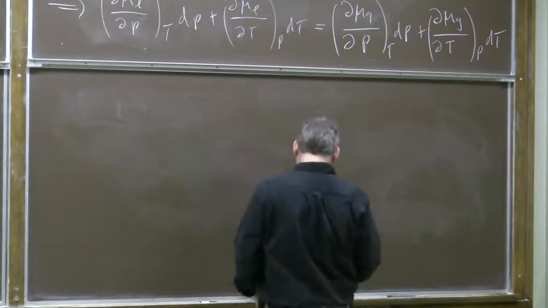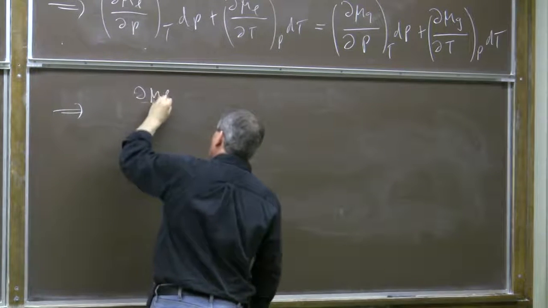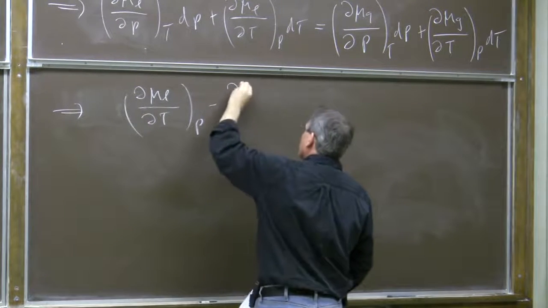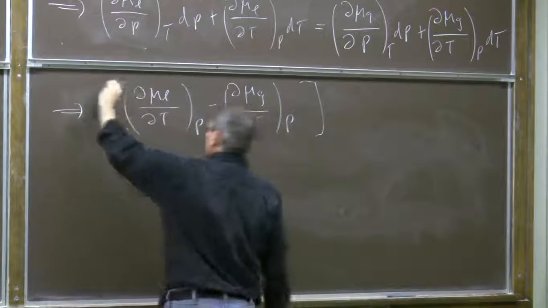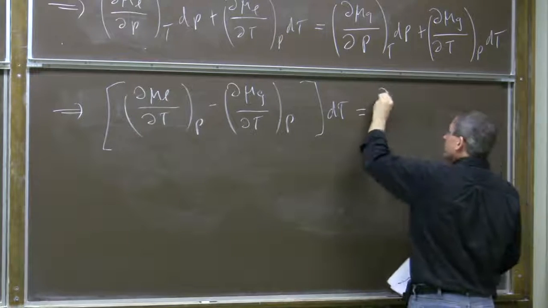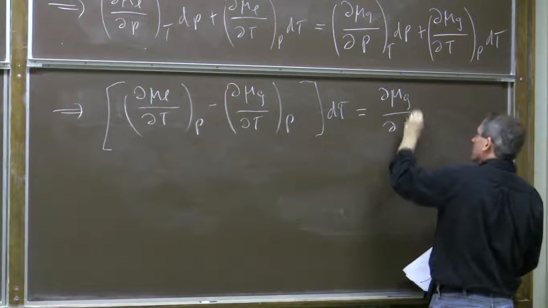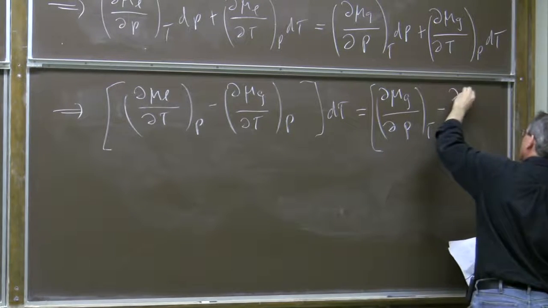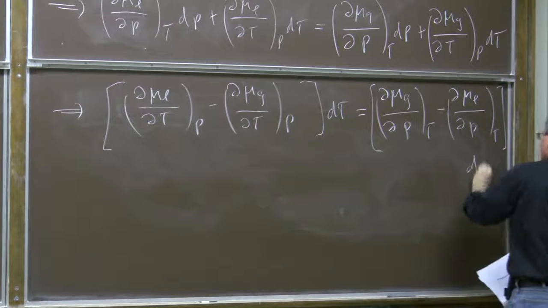So if I put the terms proportional to d tau on both sides, I can write that as partial derivative of chemical potential of liquid with respect to tau at constant pressure minus partial derivative of chemical potential of gas with respect to tau at constant pressure, that quantity multiplying d tau, matches partial derivative of chemical potential of gas with respect to pressure at constant tau minus partial derivative of chemical potential of liquid with respect to pressure at constant tau, all that multiplying dp on the other side.